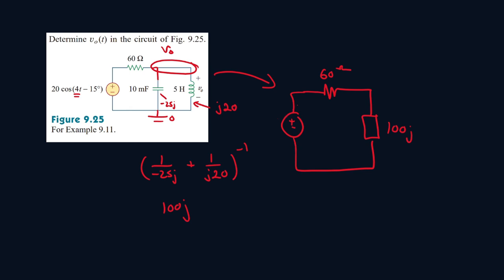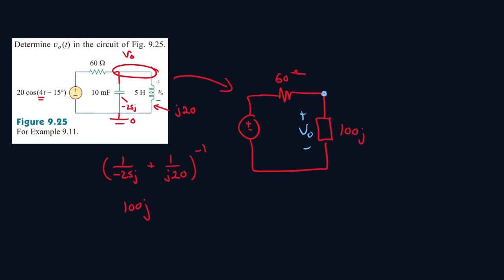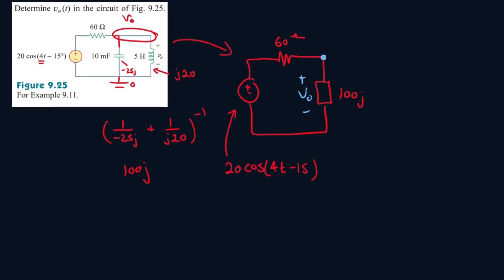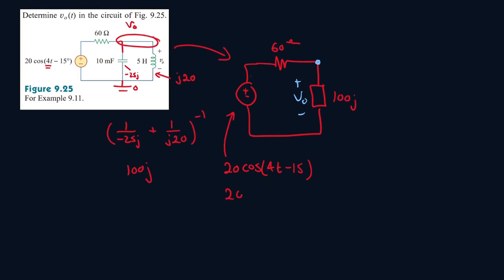Now the voltage at this region, VO, that's what we're trying to look for. I'll just use a different color, VO. And the voltage of VO will be the same as the voltage here. We know the voltage source is represented by 20 cos(4t minus 15). So what we'll do, we'll turn this into a phasor format.